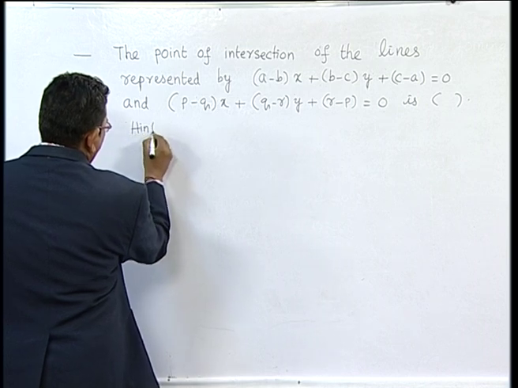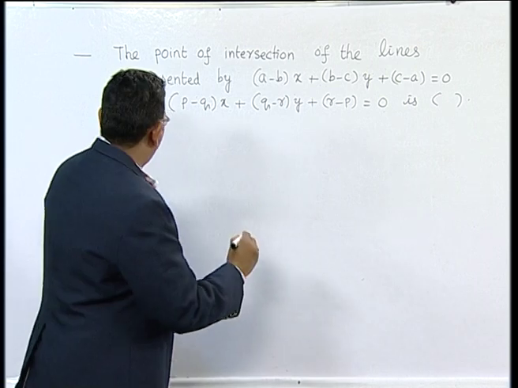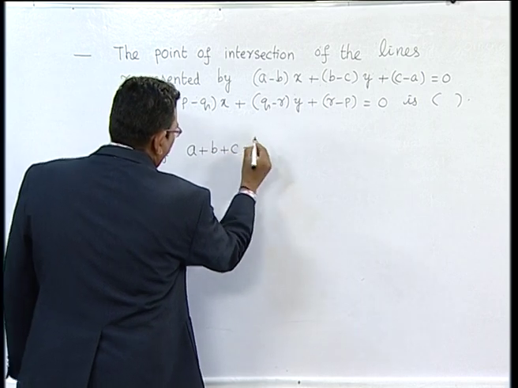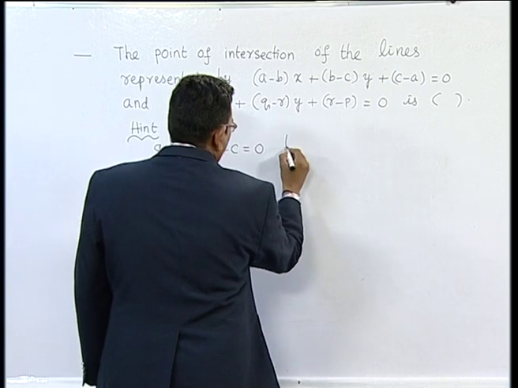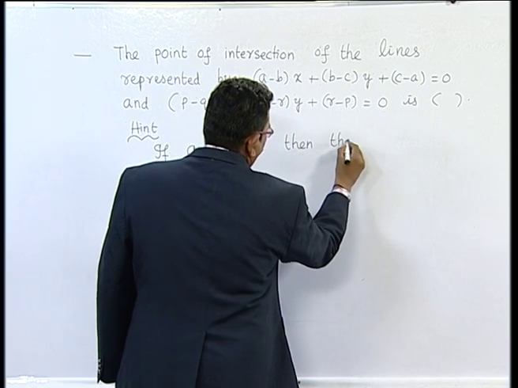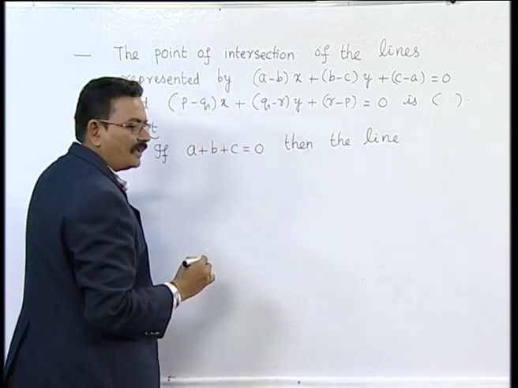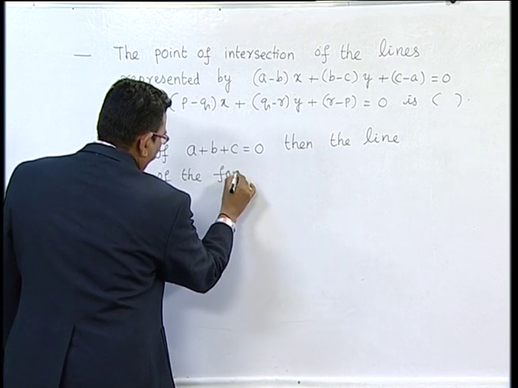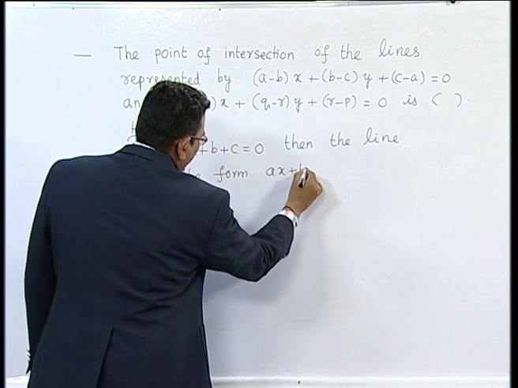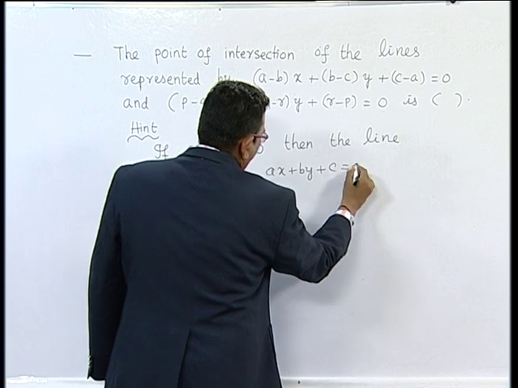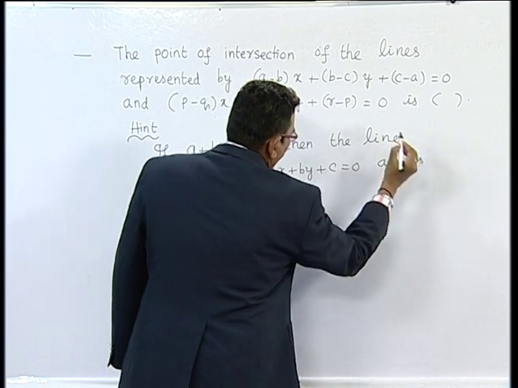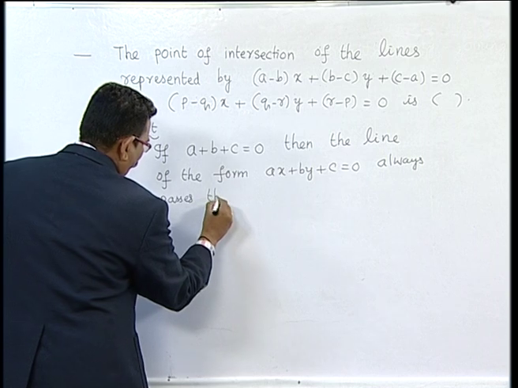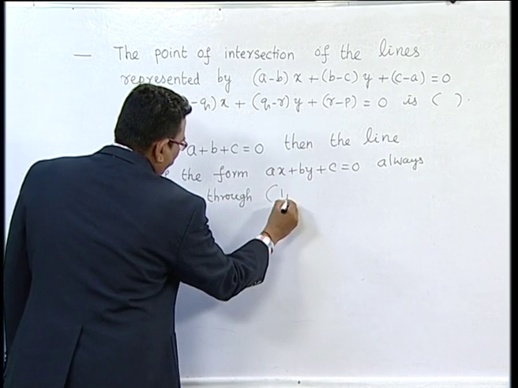Here we can remember this as a hint: if a + b + c = 0, then the line, or straight line, of the form ax + by + c = 0 always passes through (1, 1).